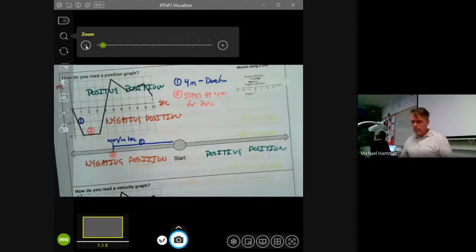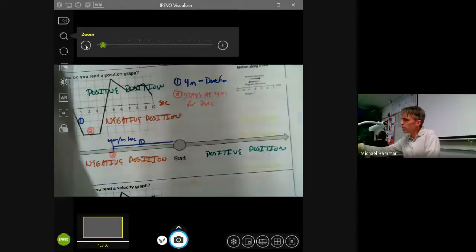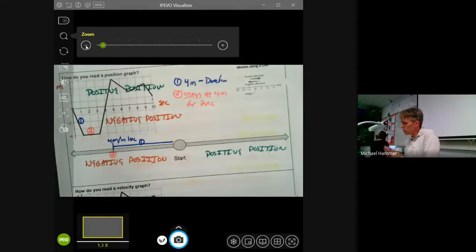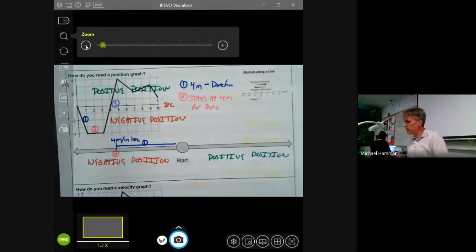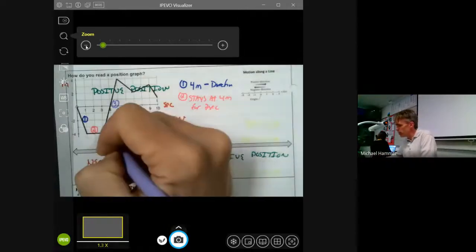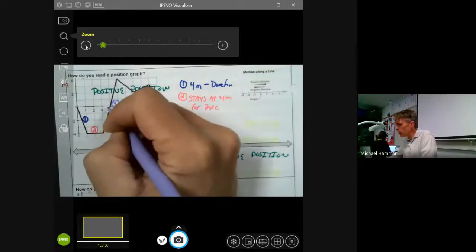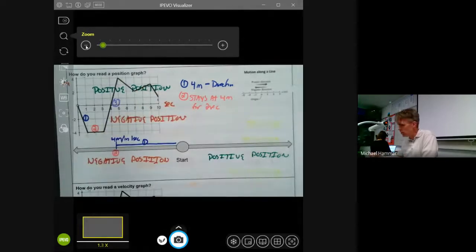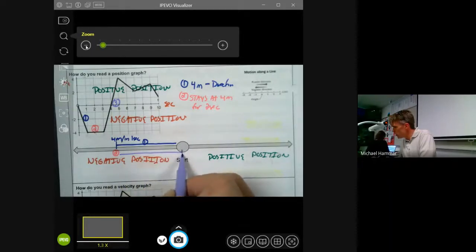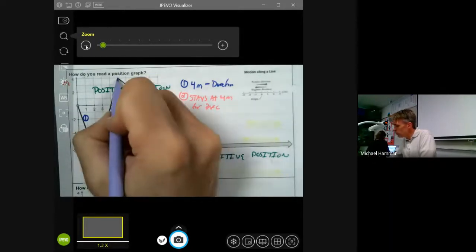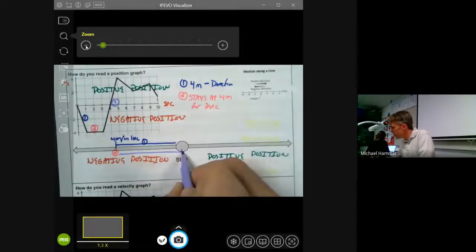Now, in step 3, we start to see some different things happening. So if we take a look at step 3, notice what's going on here. It starts moving in a very different sort of direction, okay? This means right here, from here to here, it's moving closer to the start. So what's going to happen is our object is going to move to the start, and then it's going to move 4 meters past it.